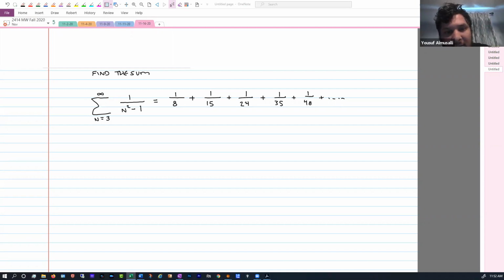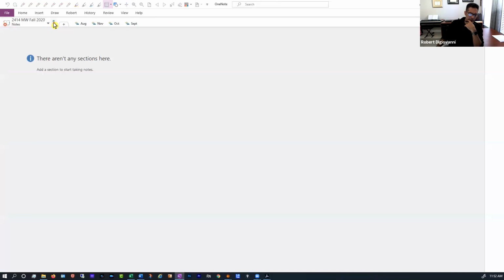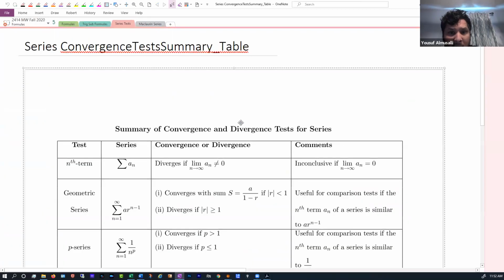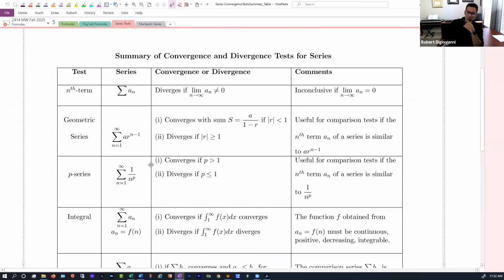I would look at whether it's monotonic and decreasing. Okay, and then we would do partial fraction series. What if we look at the formula sheet? You start running through this, right?